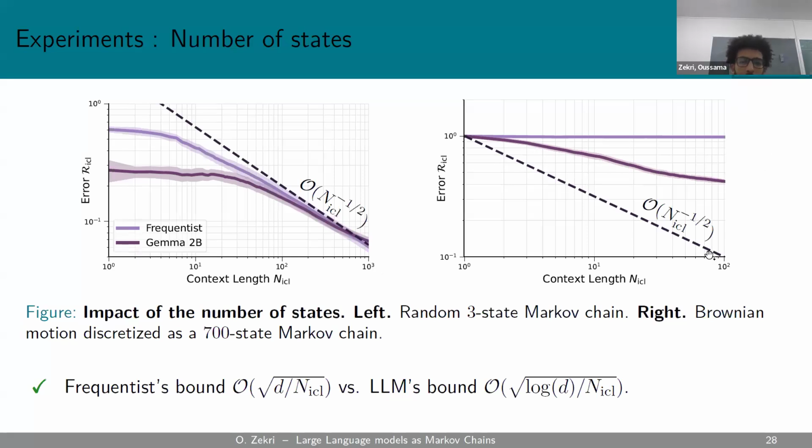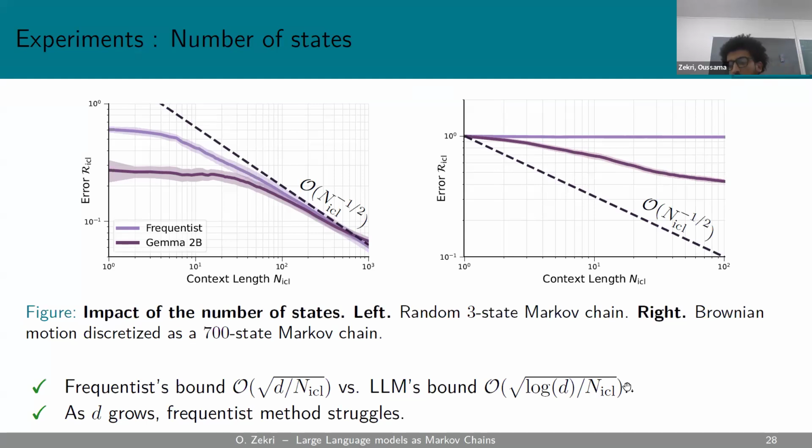But if you consider, for example, a Markov chain with a huge number of states, like 700, in this case of d equals 700, the first bound is in square root of d over NICL, so we struggle for small values, and you will see that the frequentist bound in purple will just struggle. Whereas the other bound will decrease and be quite close to the tendency.